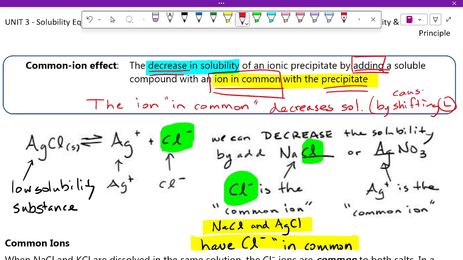Actually, I shouldn't say by shifting left, by causing a shift left.